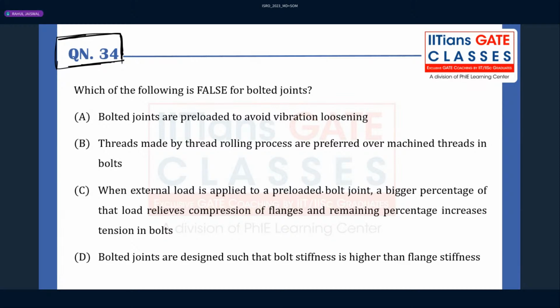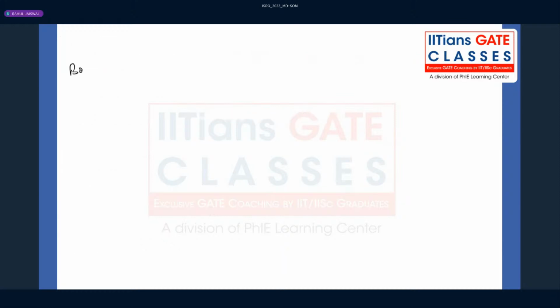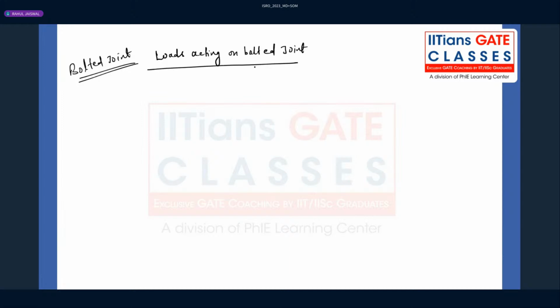Okay, so note down bolted joints here. The loads which are acting in the bolted joints: when you consider any bolted joint, either connected with any IC engine component or any other component, first of all, initial tightening will be there.